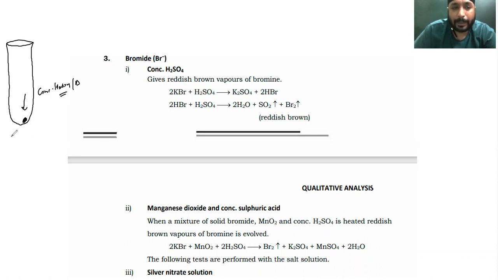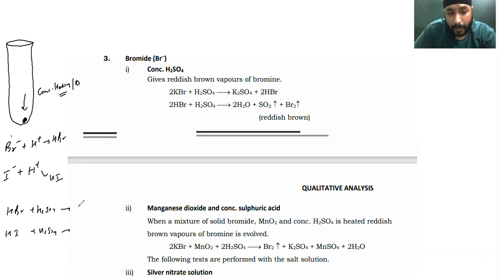Now understand one thing: H2SO4 is not capable of oxidizing HCl to Cl2, but when Br minus and I minus react with H plus ion, this will produce HBr and this will produce HI. Both HBr and HI can be easily oxidized by concentrated H2SO4 to the respective halogens. So I'll get Br2 and I'll be getting iodine. And here Br2 is nothing but a reddish brown gas.